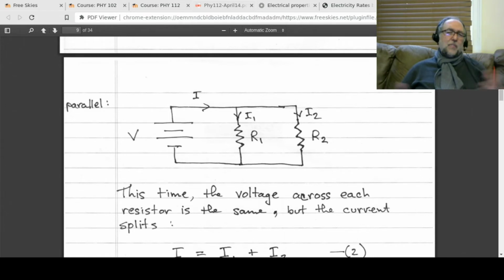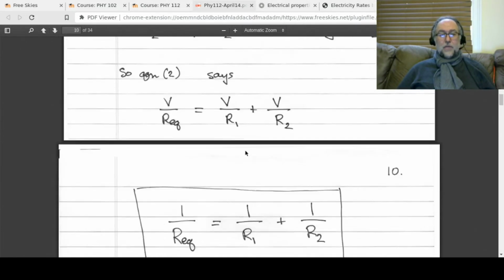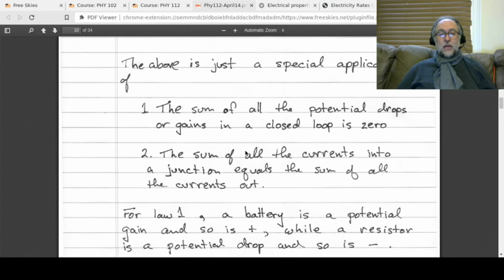And I mentioned it in passing because it's kind of intuitive. It should help you to understand what's going on in these circuits here. The other one is basically if you come to a junction in a wire, that's where the wire splits, well then the sum of the currents going into that junction has to equal the sum of the currents going out of that junction. That makes sense because electrons don't just appear out of nowhere and they don't just disappear.